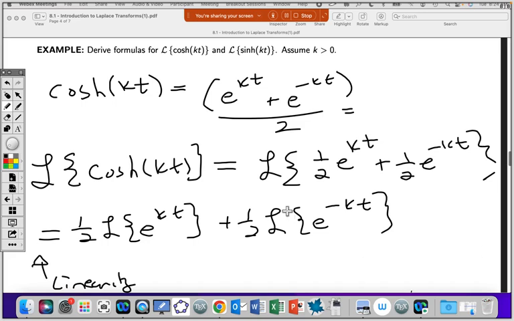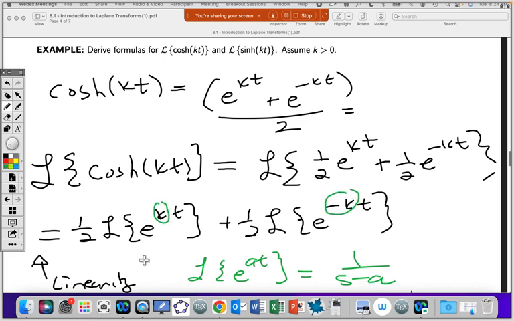And now I can use one of those formulas we derived last week. I know that the Laplace transform of e to the at is 1 over s minus a. And so here I've got a k and I've got a minus k.